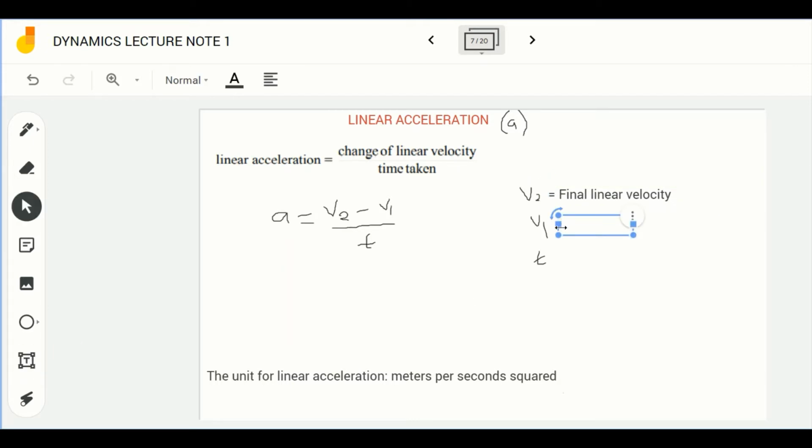V1 is the initial linear velocity, while our T is the time taken.